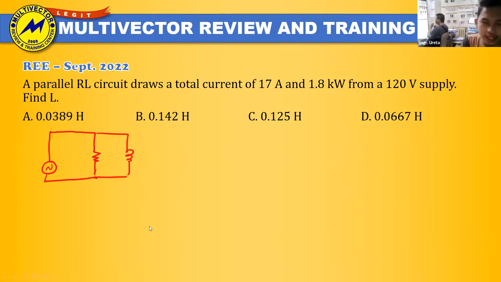Draws a total current, yung magnitude, which is 17 ampere. So the total power ng circuit is 1.8 kilowatt from a 120 volts AC supply. Find the value of L.